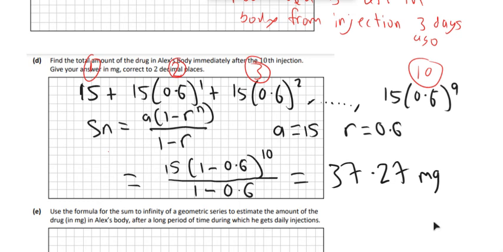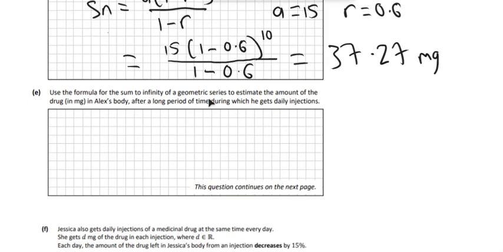So part E then, use the formula for the sum to infinity. So S to infinity is a, so go to your log tables again, over 1 minus r, so nice and simple. You just have to use the same things from the last part.